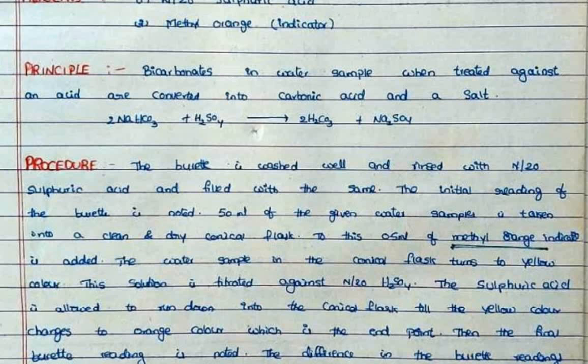50 ml of the given water sample is taken into a clean and dry conical flask. To this, 0.5 ml of methyl orange indicator is added.